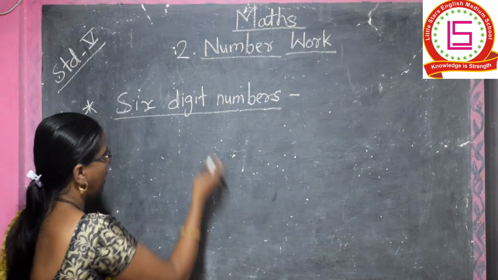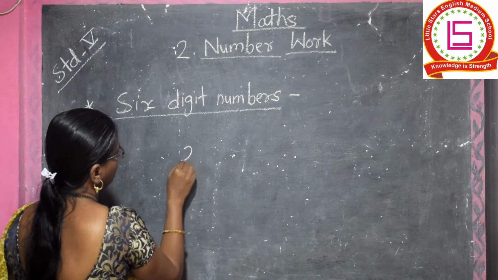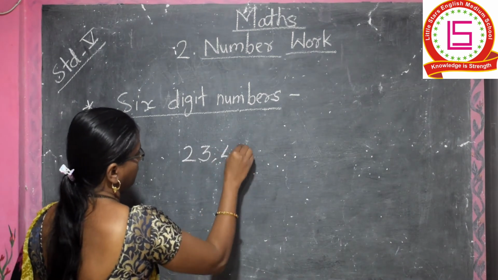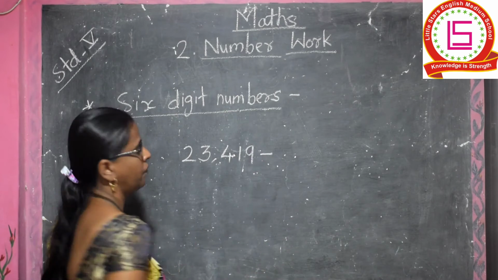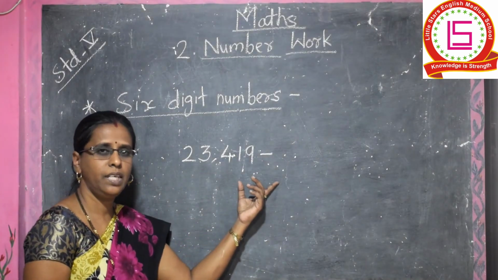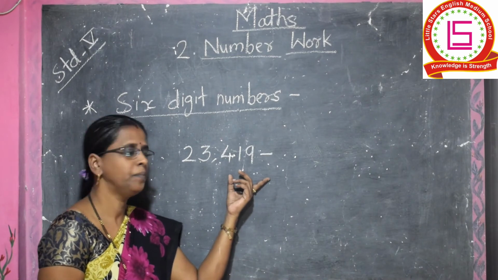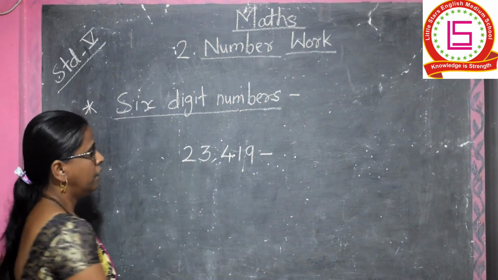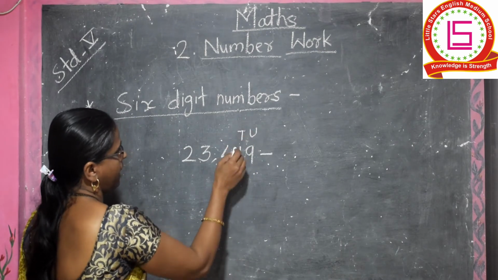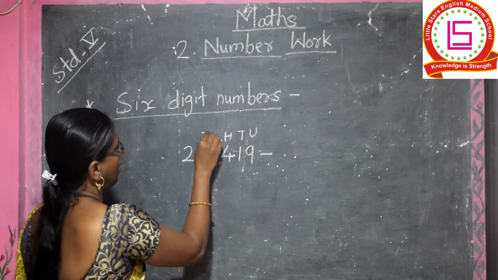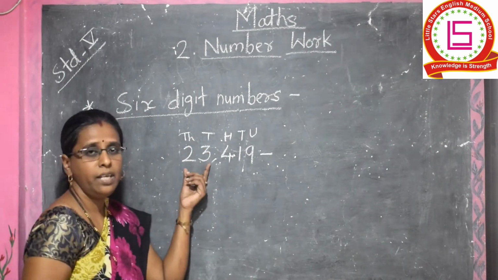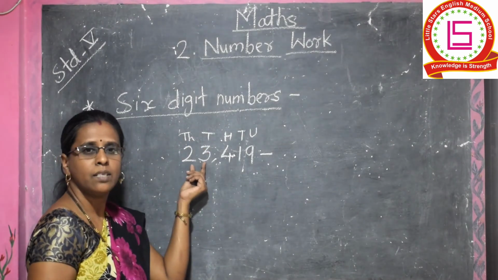See here, I am writing one 5-digit number. First we read this number. Can anyone read this number? This is the unit place, then after it tens, 100, 1000 and 10,000. Then we read these two digits together.